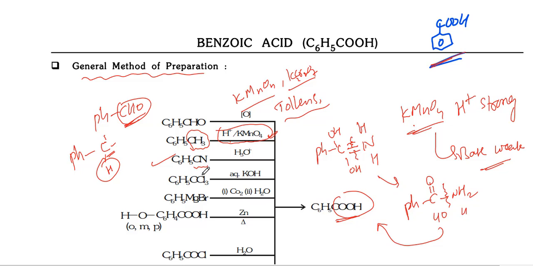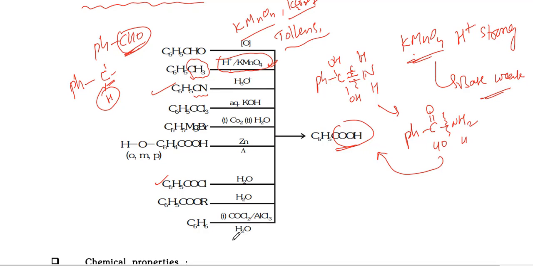Not only cyanide, all acid derivatives give benzoic acid by hydrolysis. You can see here the carbonyl compounds: acid chloride COCl, ester, and amide. Total how many reactions by hydrolysis?